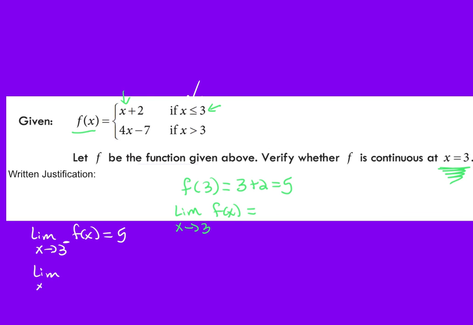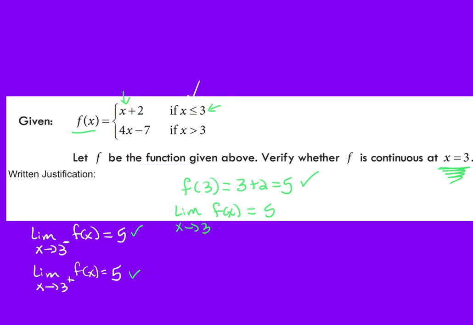And the limit as x approaches 3 from the right uses the second function: 4 times 3 is 12, 12 minus 7 is 5. Because the limit exists from the left and the right, the limit does exist, and it equals 5.